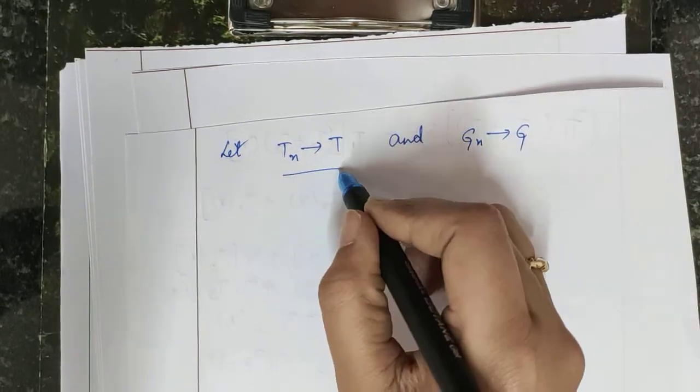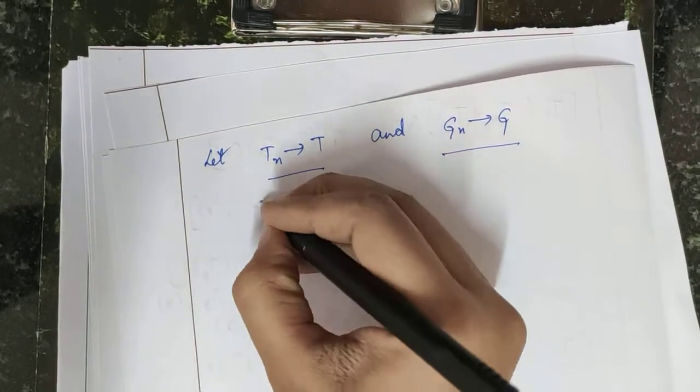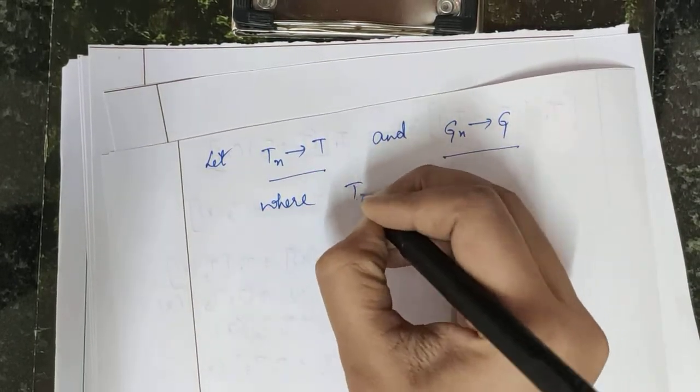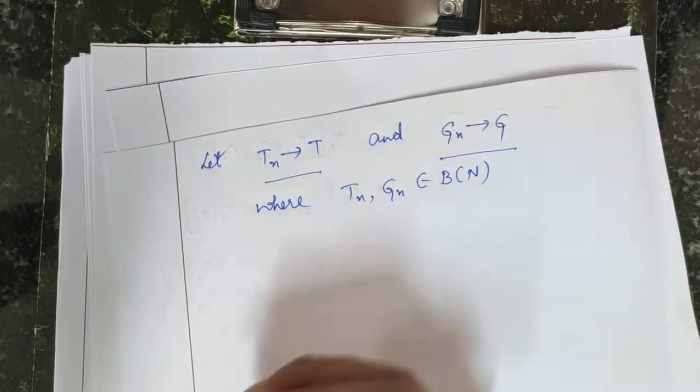So I have defined that Tn converges to T and Gn converges to G, where Tn and Gn are coming from the space B of N, right?